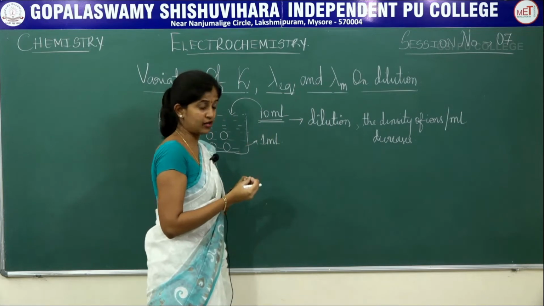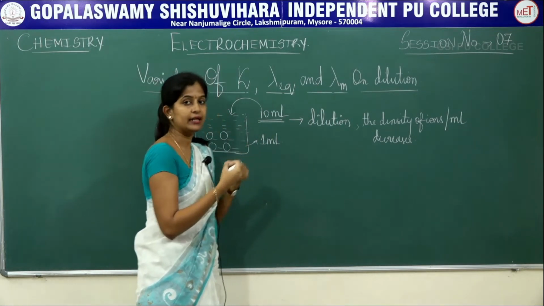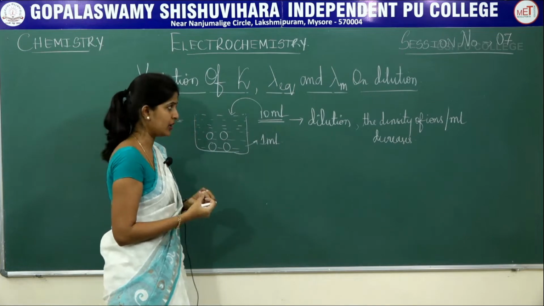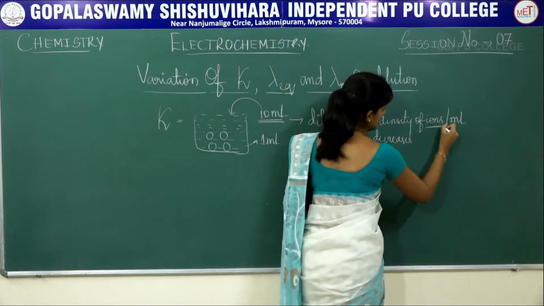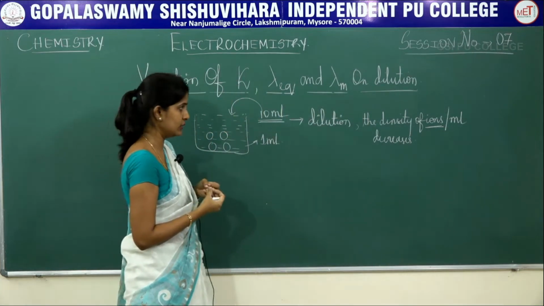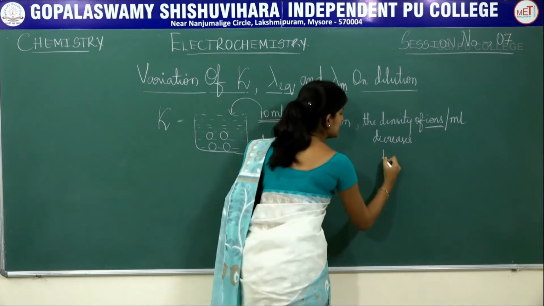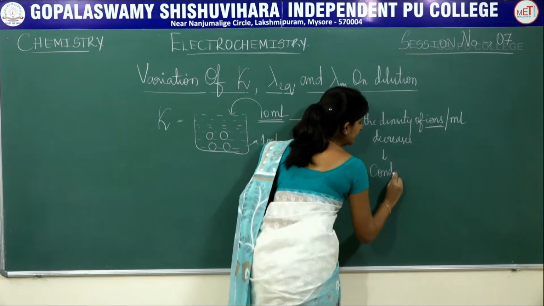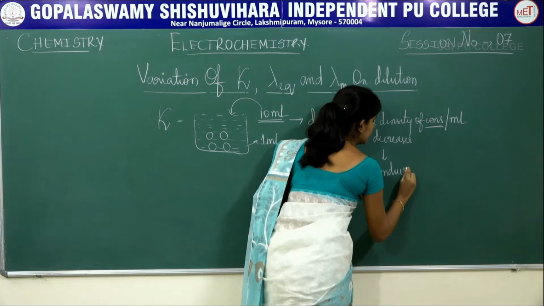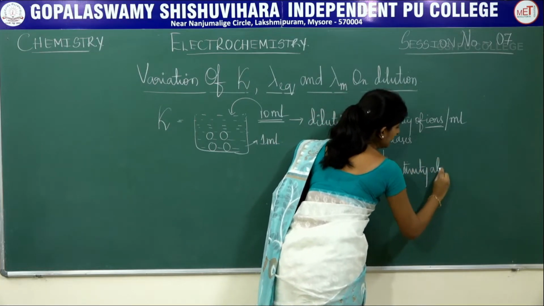As the density of ions, that is the number of ions per ml, decreases, it means that the conductivity will also decrease. That is because these ions are the things that are carrying the current in your electrolytic solution. Since these ions per unit ml will decrease, obviously the conductance, that is conductivity, also decreases.